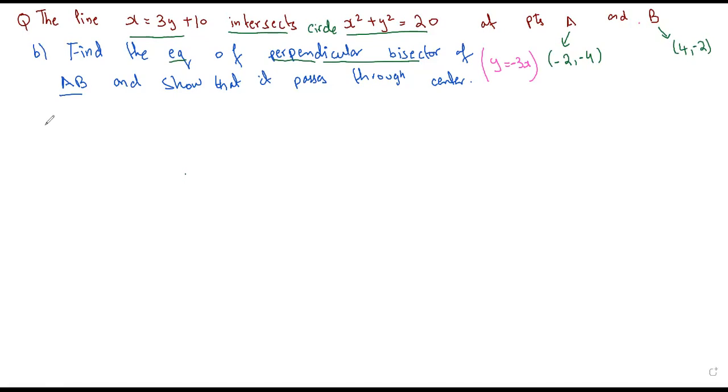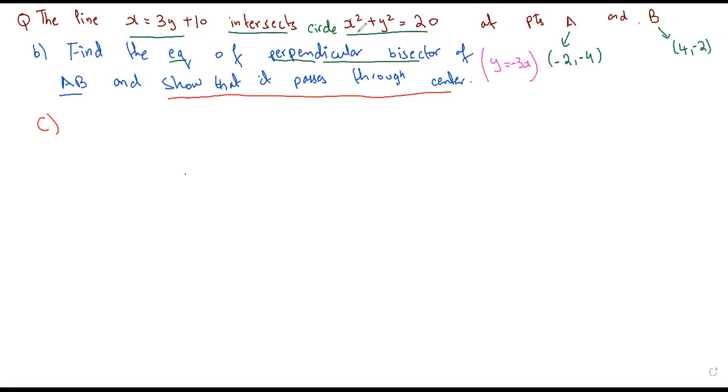We have the perpendicular bisector of AB intersects the circle at points P and Q. Okay, wait a second. Before talking about the third part, we need to talk about this part as well. Show that it passes through the center. So basically, we need to show that the perpendicular bisector of AB passes through the center of the circle. So what is the center of our circle, Gayatri?